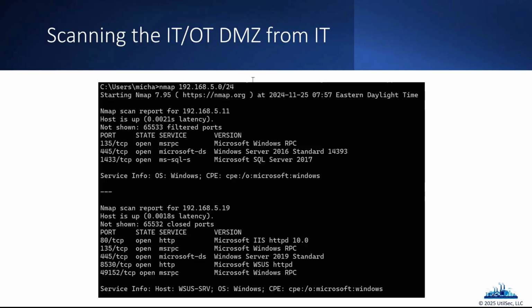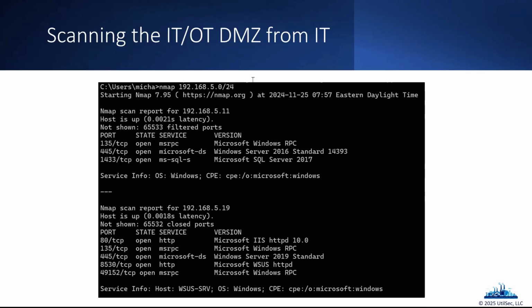And then we can also see TCP 8530 for WSUS, the Windows Server Update Service. That's how we could be pulling Microsoft patches into OT, but that doesn't need to be exposed to IT for that to be able to operate. And then we see something else at 49152, which could be random, which might not be random. That could bear further investigation.